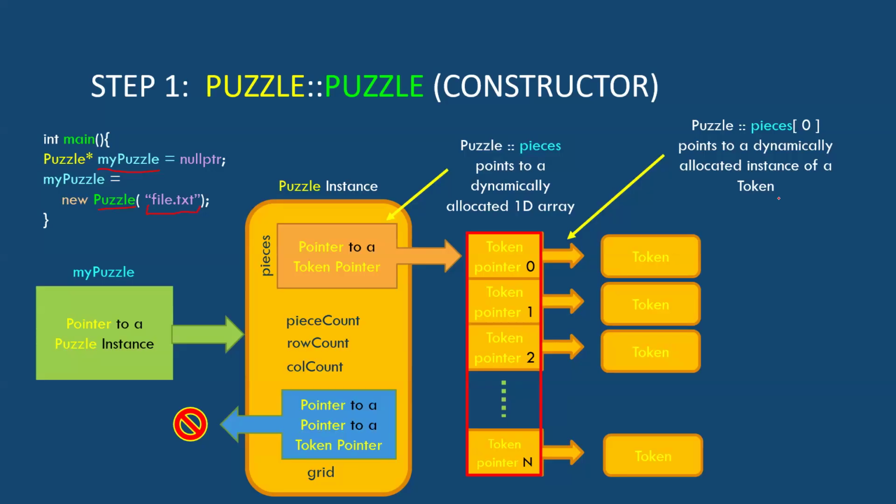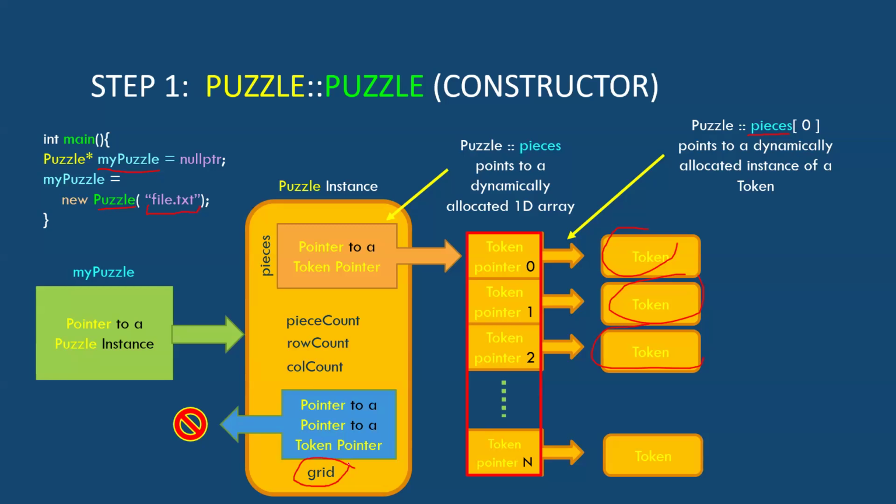So pieces is a data member inside of the puzzle class. You're going to need to create a dynamically allocated array based on the first line in the file. How many pointers do I need? 1,218. And then you will slowly build up this list. Now we will have a grid pointer over here.